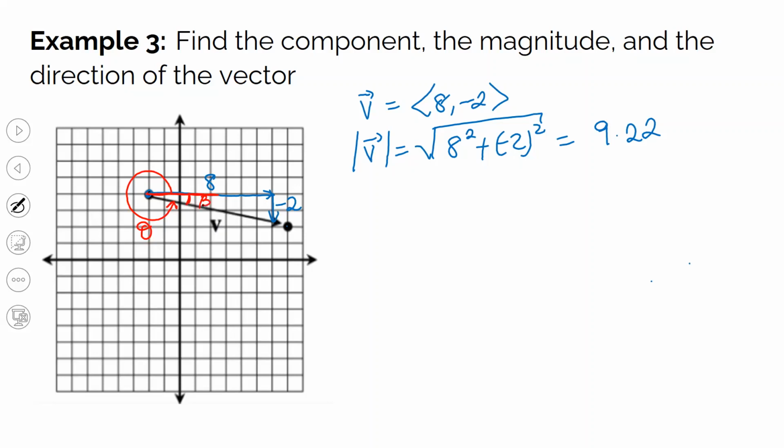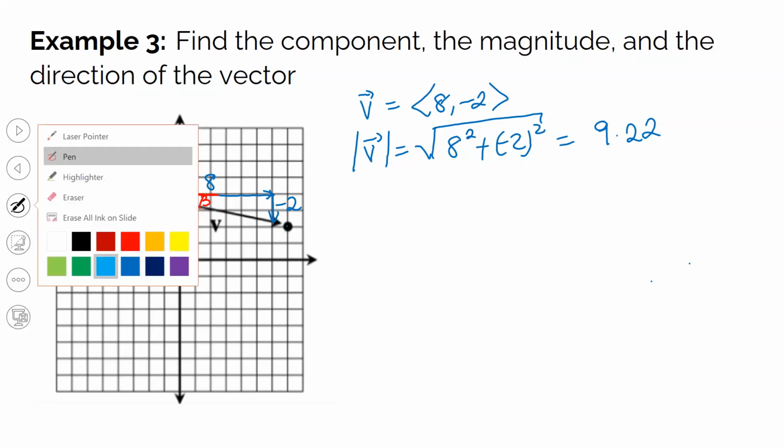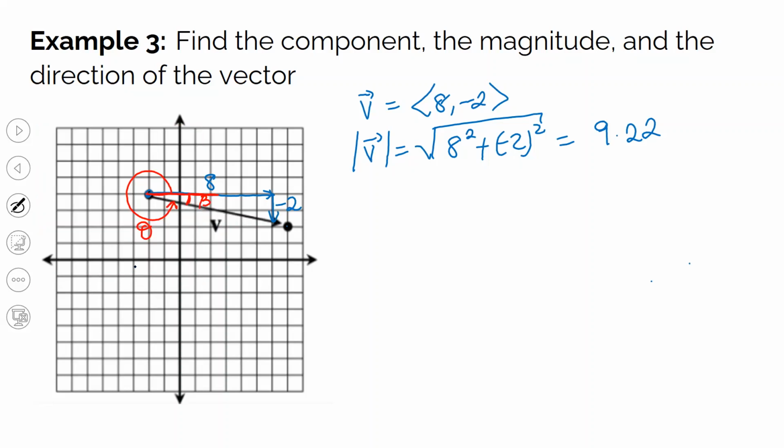So again, that would be our small angle beta. In this case, let's go back to this blue, I don't want to change so much. So tan of beta again will be -2 over 8.